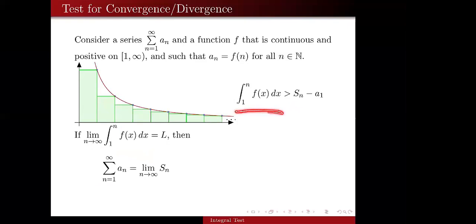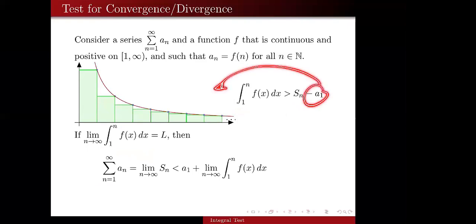But because of this relationship here, it will be less than A sub 1. You bring it to the left-hand side there. So the limit of Sn, as n approaches infinity, will be less than A1 plus the limit of the definite integral from 1 up to n of f of x dx.